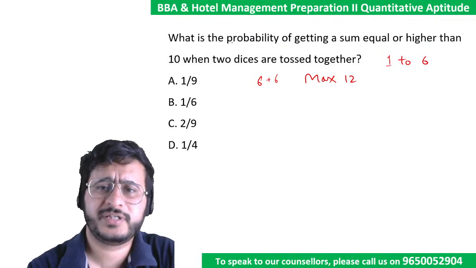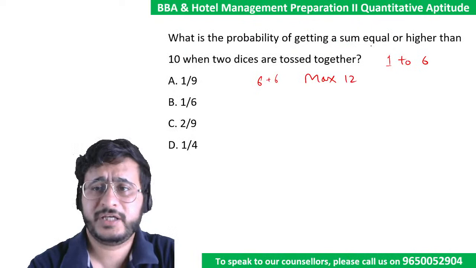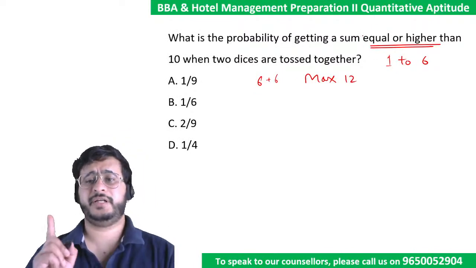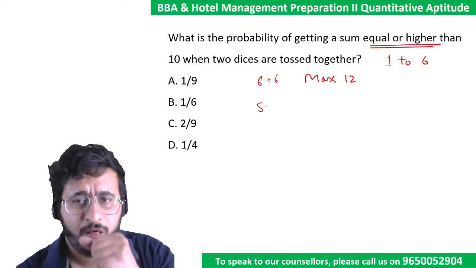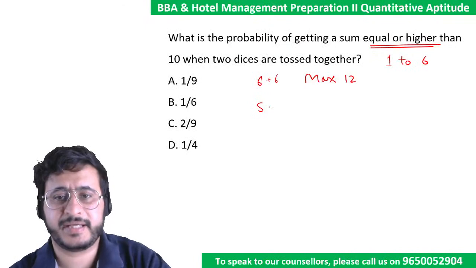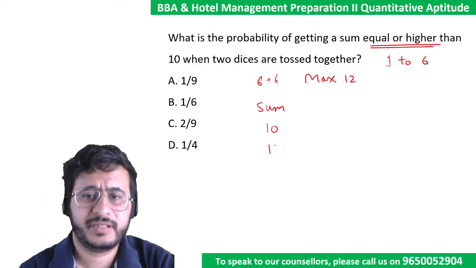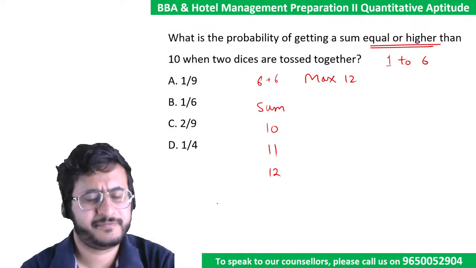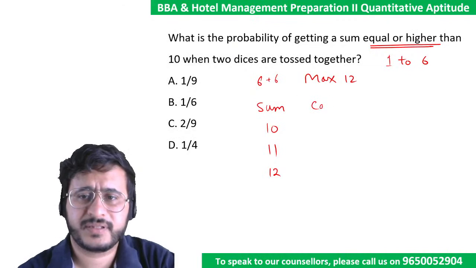Now the question is, what is the probability of getting a sum equal or higher than 10? Equal or higher. Remember, it is not only higher, it is equal or higher. So you can get the sum as 10, 11 or 12. Now how can you get 10 as the sum?